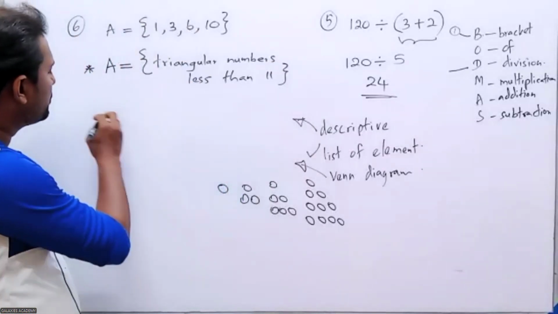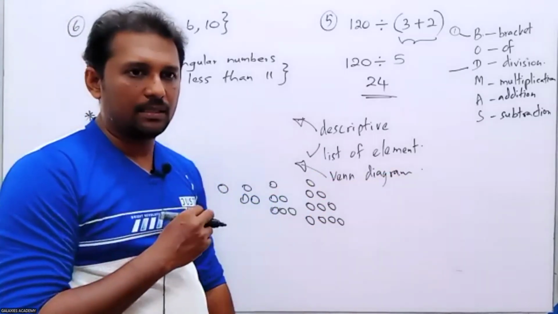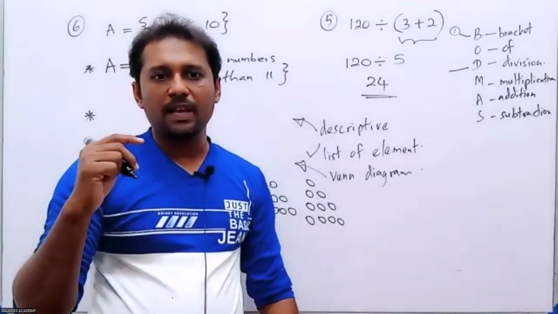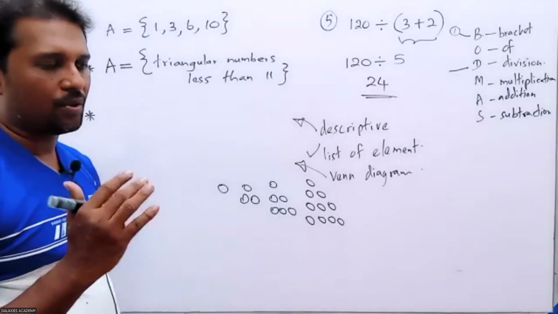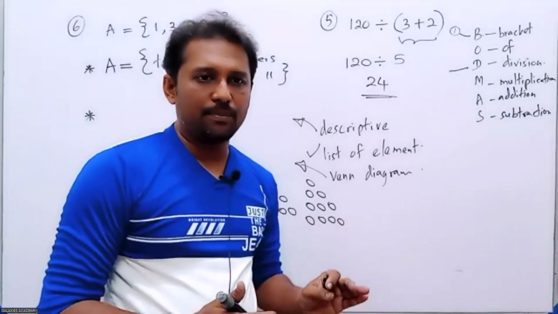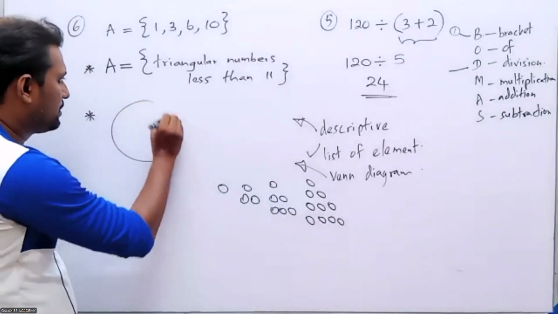Also, you have to represent this one using the other method. The other method means the Venn diagram method. When you use the Venn diagram method, you have to draw a closed plane figure. Normally we use a circular shape or ellipse shape.